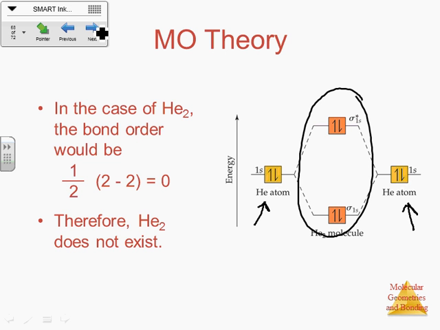Now here's where it gets a little weird. What about He2 1 plus? So let's think about this for a second. If we have a polyatomic ion, 2 heliums bonded, but they have 1 less electron than they're supposed to.